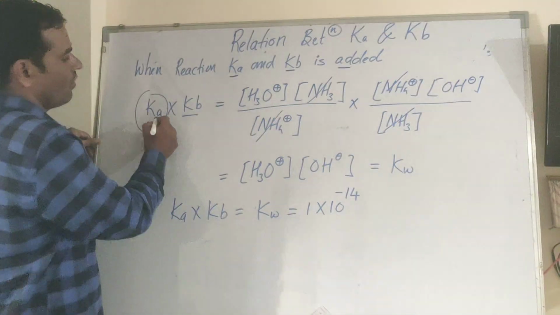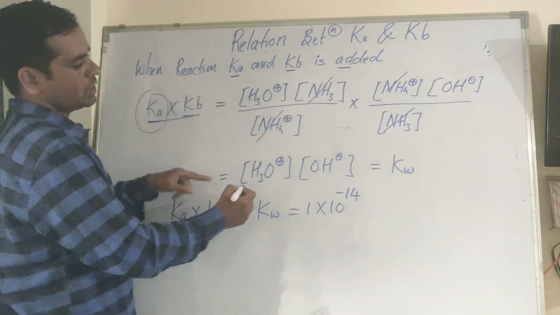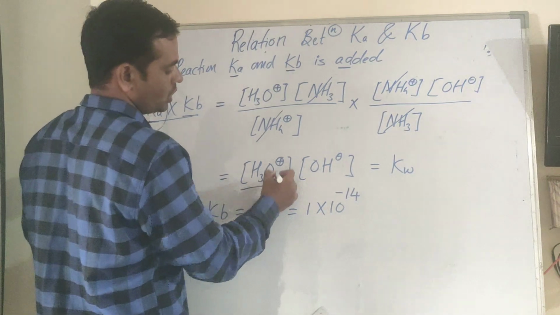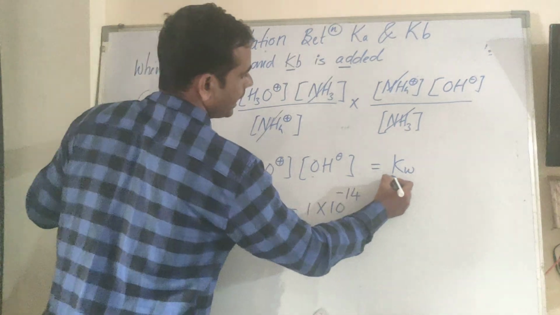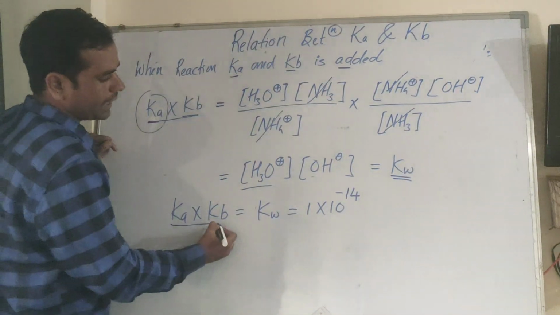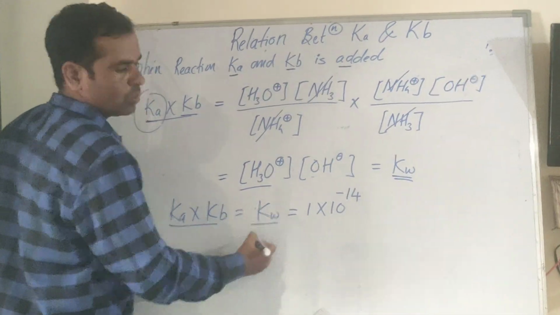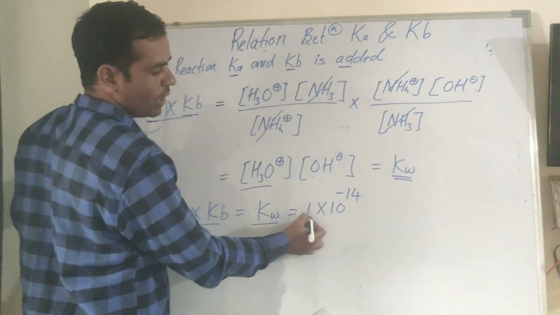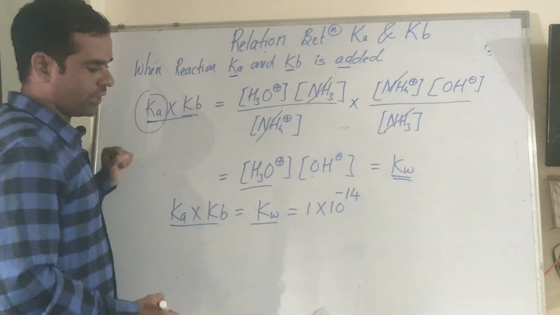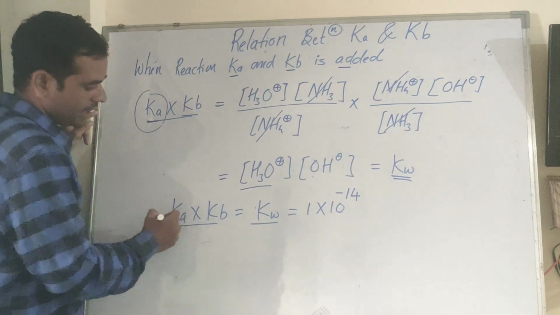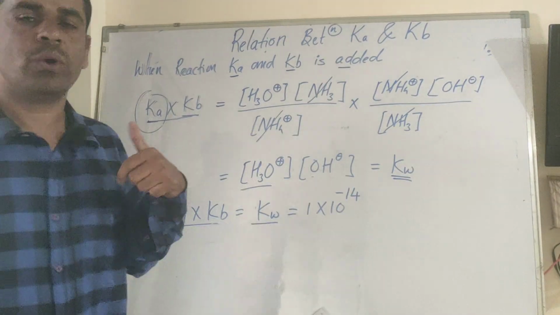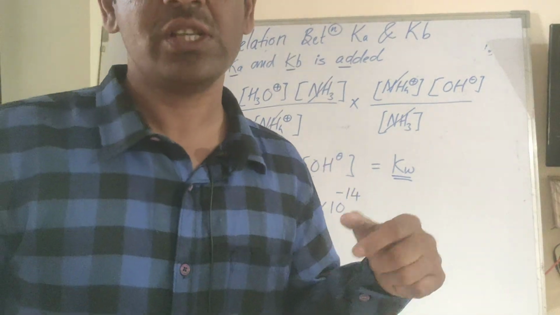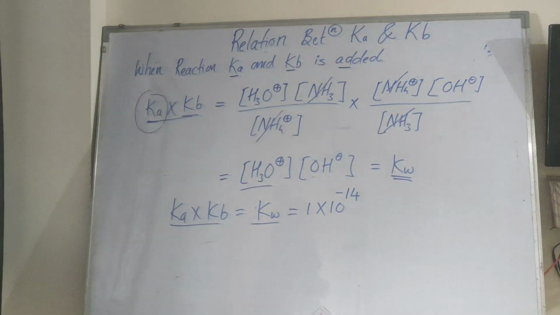The remaining value of Ka times Kb is H3O positive times OH negative, which is Kw, and the value of Kw is 1 times 10 raised to power minus 14. Hence the proof that Ka times Kb is equal to Kw, which is equal to 1 times 10 raised to power minus 14.